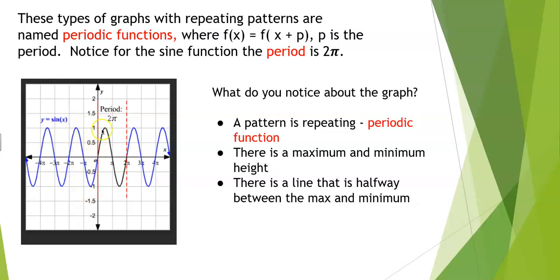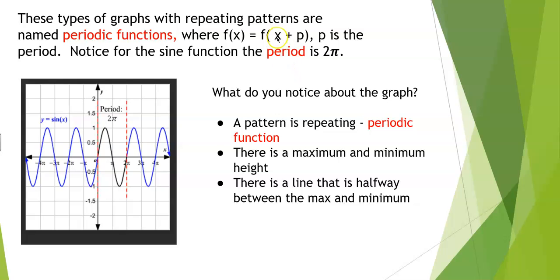Every 2 pi on the x-axis, this pattern is repeated. So the 2 pi is the period for this particular function. And this function is my sine wave. It's called a wave because it kind of looks like a wave. So this is my sine function, and the period is always 2 pi.